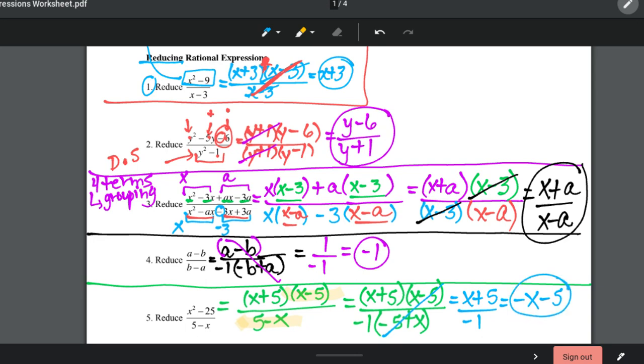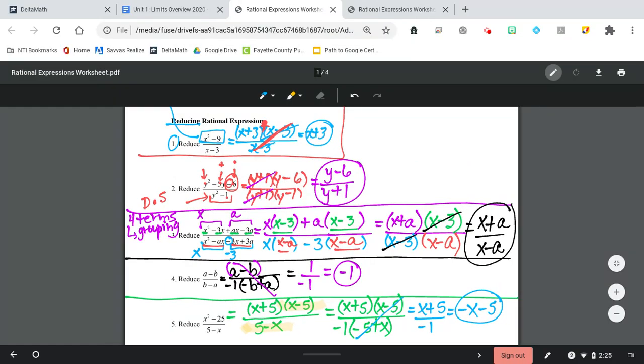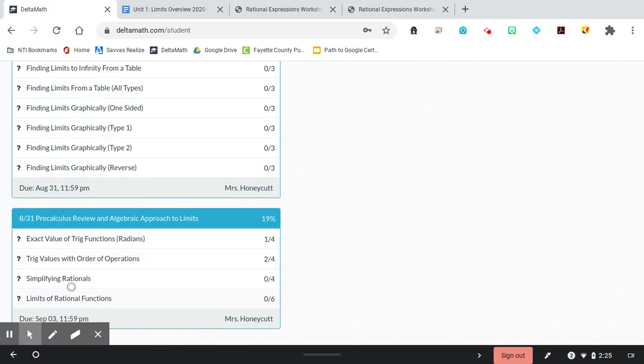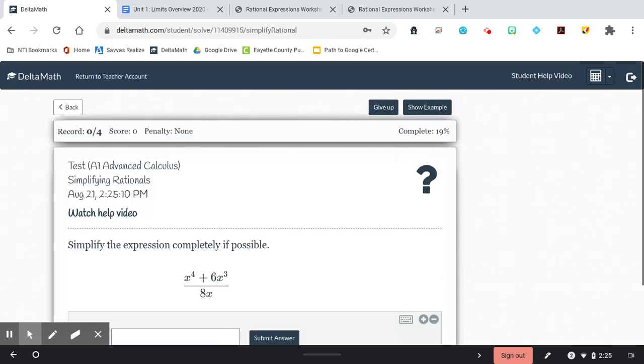Okay, so then when you go to Delta Math, you'll have some problems that are similar to the ones that we just did. So here we can work this example out together. x to the 4th plus 6x cubed over 8x. In the numerator, I'm going to try to factor it. There's only 2 terms, so I'm going to look to see if there's a common factor to factor out.